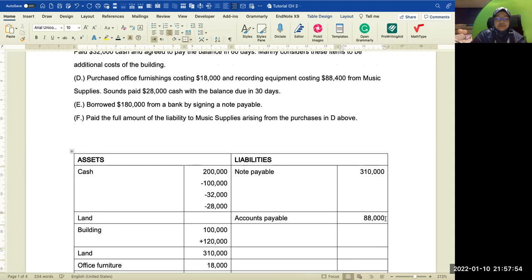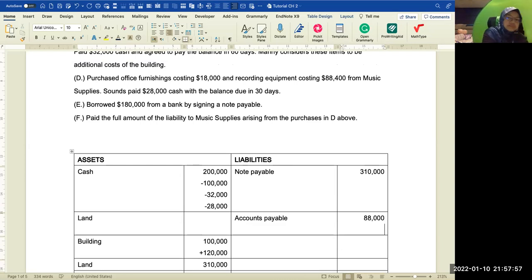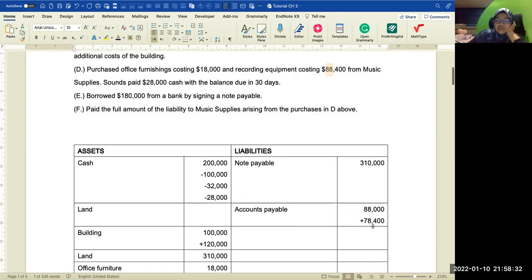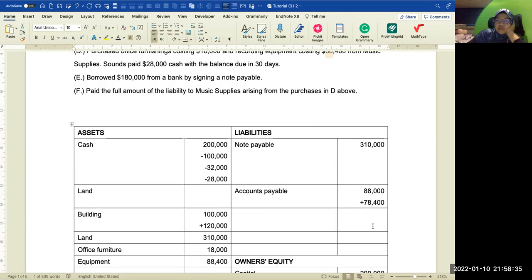How much? 78,400. Very good. How do you get 78,400? Your total is 18,000 for the furniture, and then equipment is 88,400, and then you pay 28,000. So the balance is 78,400. Very good. Everyone else clear?